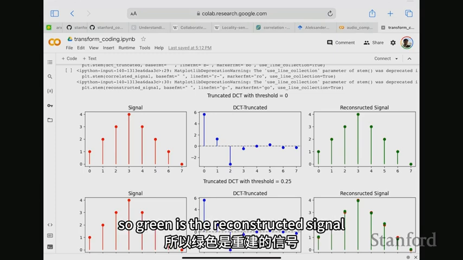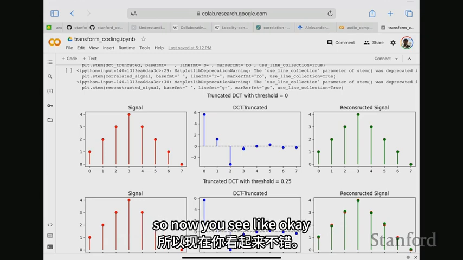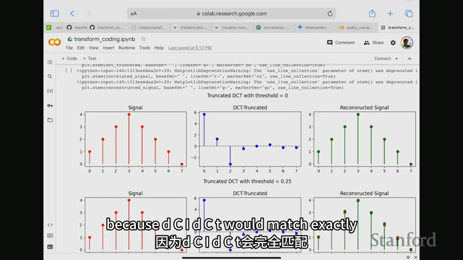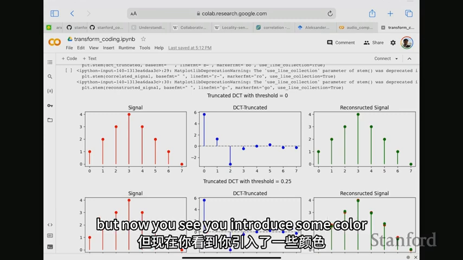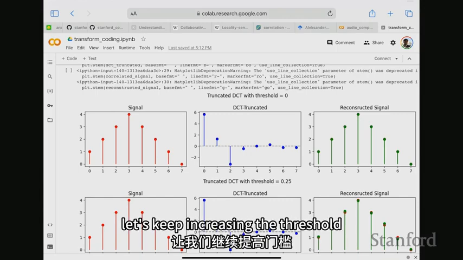So green is the reconstructed signal, red is the same original signal. So now you see it won't match exactly, right? Because DCT, IDCT would match exactly only if you have the same components. But now you introduce some small error. Okay. So, run the experiment. Let's keep increasing the threshold.